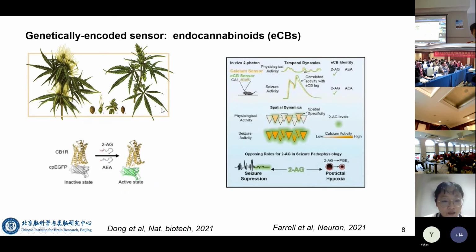And in the brain, ECBs participate in short-term and long-term synaptic plasticity of glutamatergic and GABAergic synapses in a variety of regions, including the cerebral cortex, the hippocampus, the striatum, the ventral tegmental area, the amygdala, and the cerebellum.